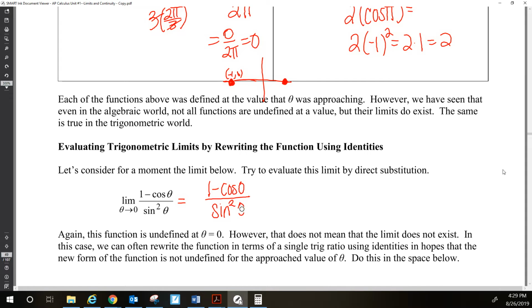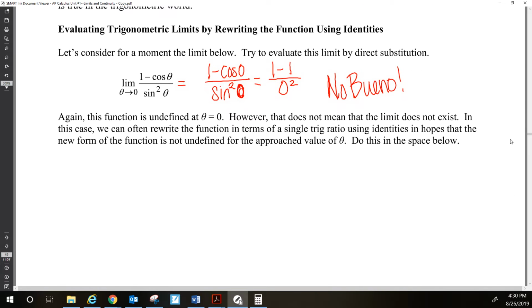Cosine 0 is 1, and sine of 0, the y value at 0, is 0. And so this would be no bueno, right? We can't have 0 over 0. Well, what did we do when we had 0 over 0? Remember, we had factoring. We could use rationalization. I feel like there's one other, but I can't think of the last one off the top of my head.